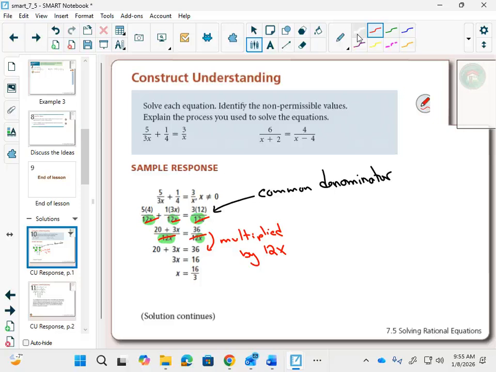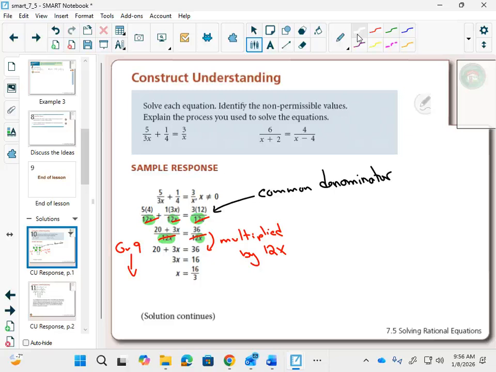And you change it from an equation where you have fractions to an equation that doesn't have fractions anymore. In fact, right now, from this point on, it's grade 9 math. Combine like terms, get x by itself, perfect.